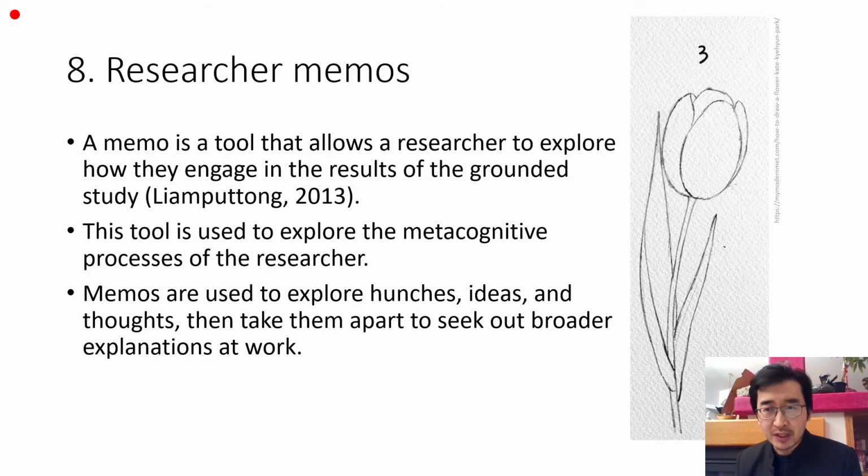The purpose of these is to deconstruct and reconstruct some of the data, and in that way how we formed our categories becomes a little more clear. And more importantly, way more importantly, you are able to find some of the gaps in your data set so that you can reach theoretical saturation.